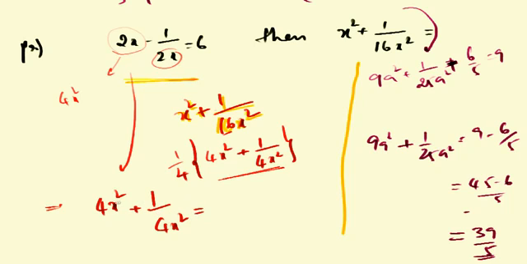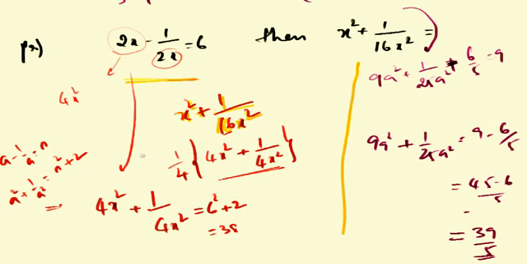This is like when a minus 1 by a is equal to n, then a square plus 1 by a square will become n square plus 2. So in the same way, what will happen here? 6 square plus 2, that is nothing but 38.